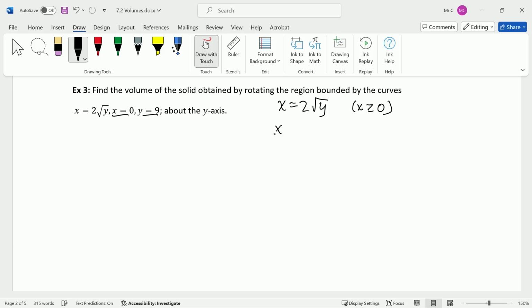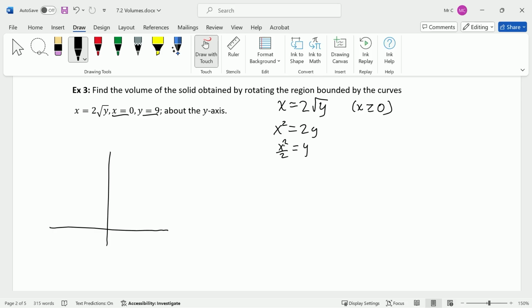So when I square both sides, I get x squared equals 2y, but I still have that restriction that x is greater than or equal to 0, and so y equals x squared over 2. So changing its form to a function of x is going to be helpful, I think, for graphing this for most students, but it won't necessarily be helpful for integrating, for finding the volume.